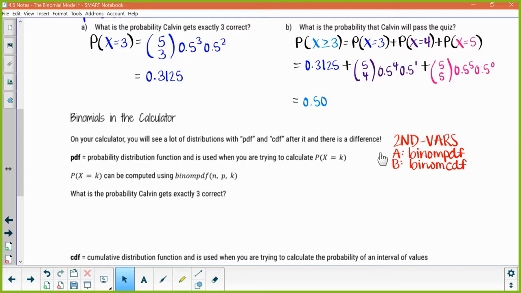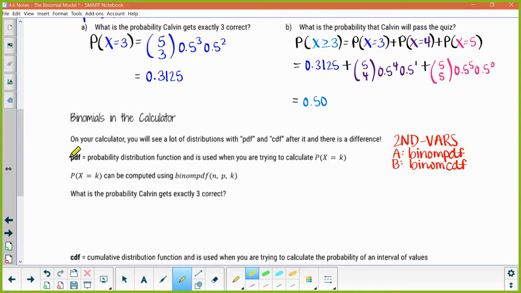Everything we did with normal distributions, t distributions, and chi-square distributions were all CDFs because of the nature of it being a density curve. Here, we do have instances where it can be exactly a value. That's why we are also going to consider PDFs for probability distributions.